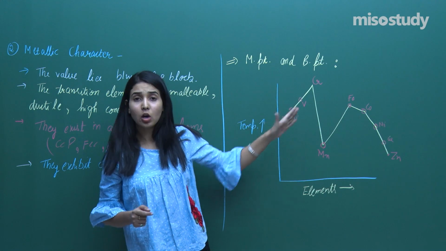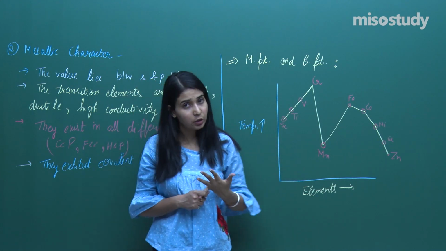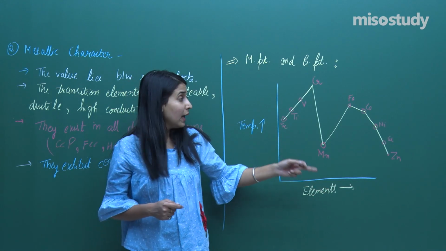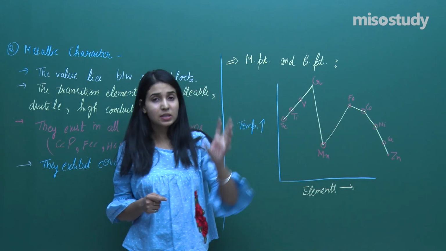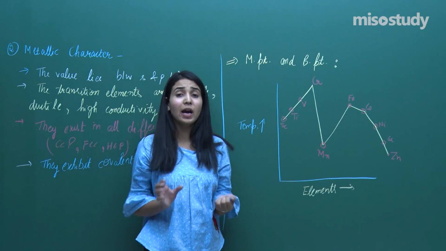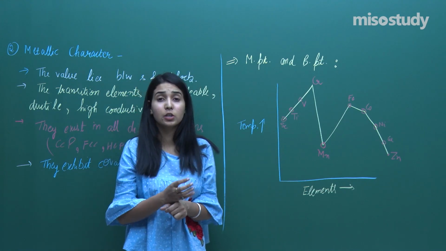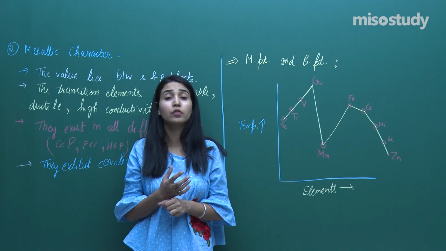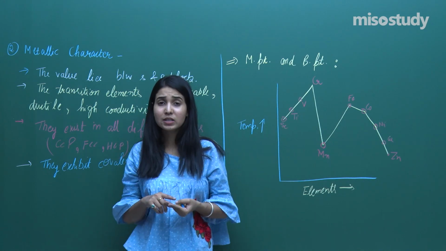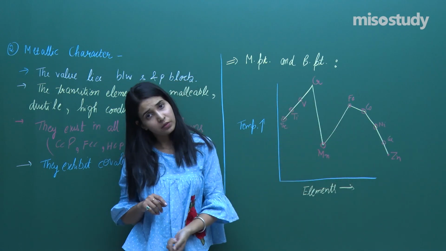First, the size decrease, which happens on the basis of electron addition. Then the half-filled configuration, and after that the screening effect, right? Whenever you have to discuss a trend, keep these three points in mind, and after that we can give the particular trend, right?